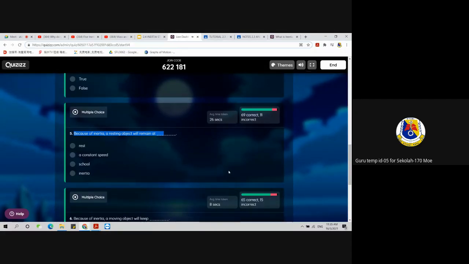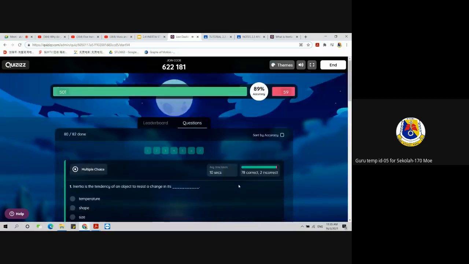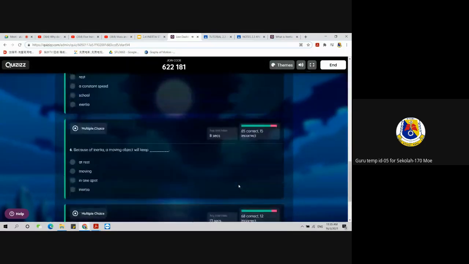Because of inertia, a moving object will remain at, or you can say ABC. A is rest, B is moving. Okay. Let's see. Most of you getting this incorrect, right?